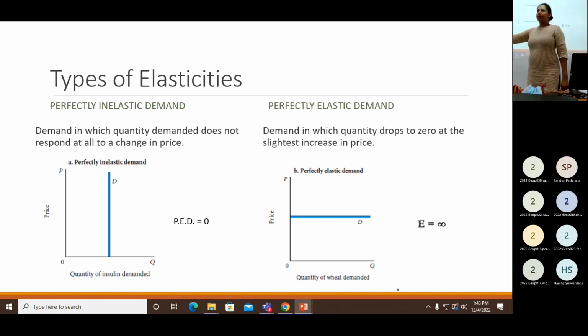So for identical or homogeneous products, let's say one seller increases the price slightly, right? But there are so many other sellers who sell the same product at a lower price. So would you buy from the highest priced seller? No, because the same wheat flour, same rice, or take an example, sugar. Again, sugar is identical, right?